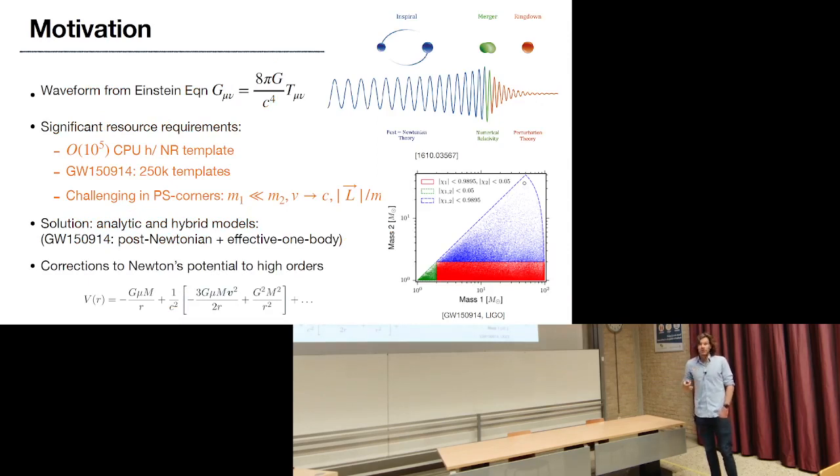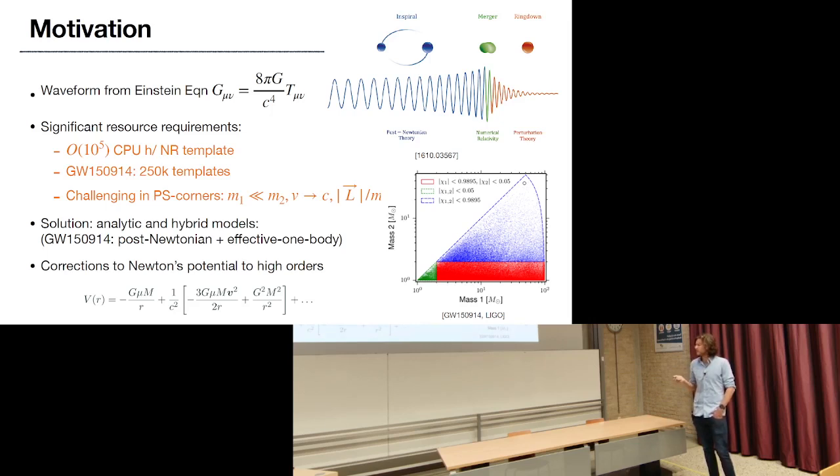In principle, all of this can be done numerically. In the past 15 years, people have understood quite well how to do numerical relativity. The problem with this is that it's still relatively costly. A typical numerical relativity template can take up to 10 to the 5 CPU hours, typically for the first observation. And we need lots of these templates because it's done by interference measurements.